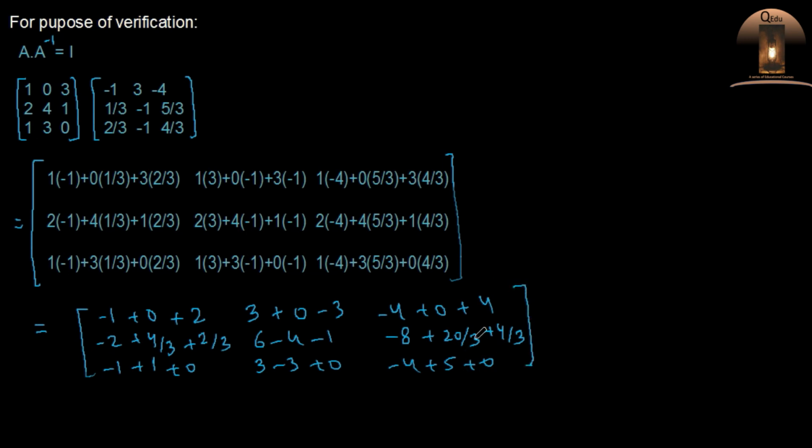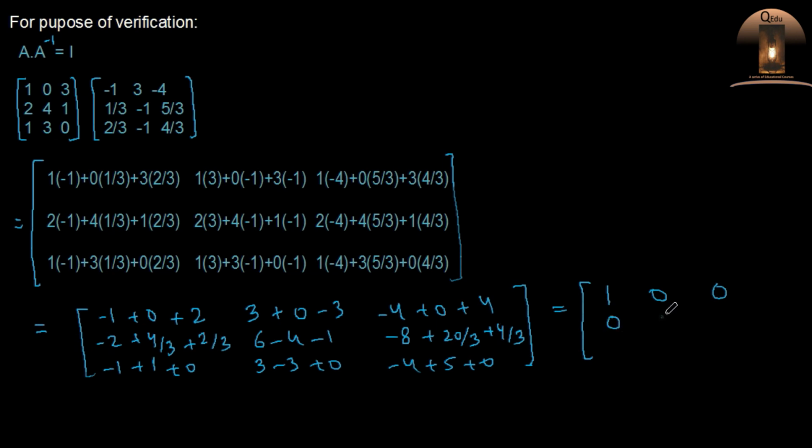So when you simplify these elements, you will get in the first row minus 1 plus 2 equals 1, and then we have 3 minus 3 equals 0, and then 4 minus 4 equals 0. Similarly simplifying the remaining rows, we have minus 2 plus 4 upon 3 plus 2 upon 3, which is 6 upon 3, which equals 2, and then minus 2 will give you 0.